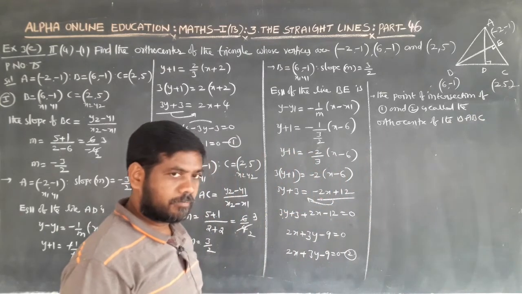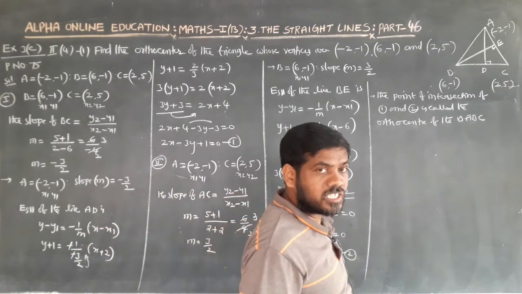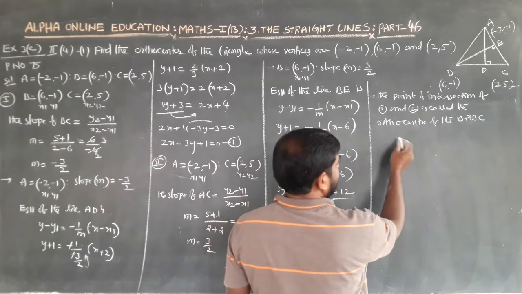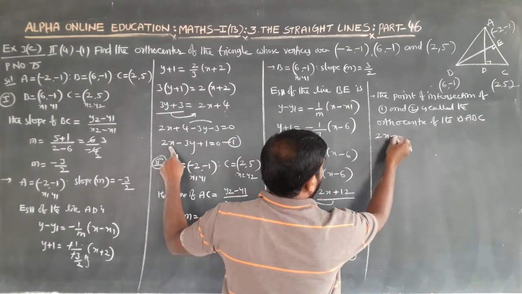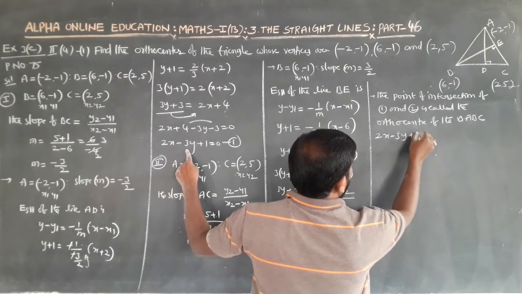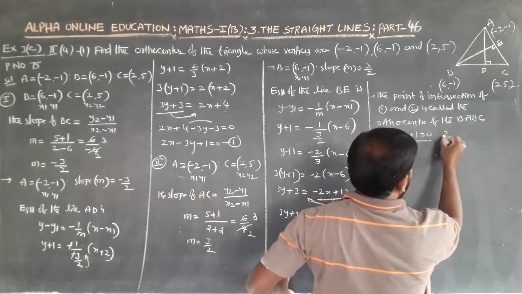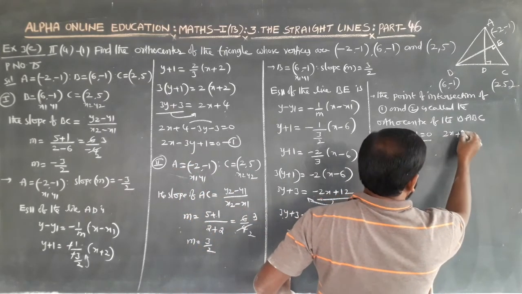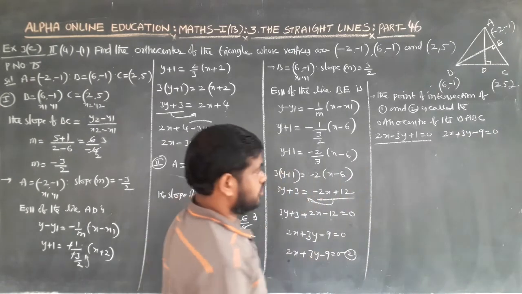The point of intersection of 1 and 2 is the orthocenter of the triangle ABC. From 1, 2x minus 3y plus 1 is equal to 0. Second one is 2x plus 3y minus 9 is equal to 0.